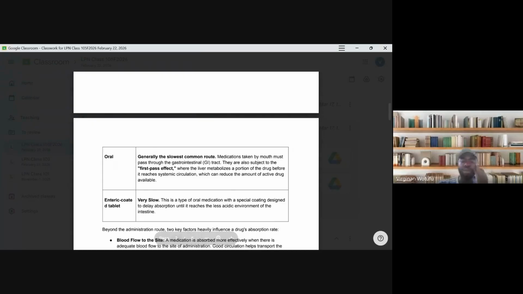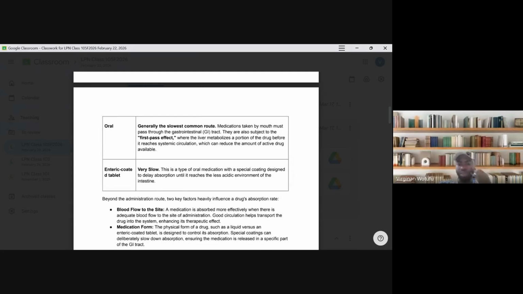So aside from the route of administration, there are two factors that influence the rate of drug absorption. One of them is blood flow to the site. We know highly vascularized sites enhance drug absorption, right? Like sublingual tablets, they're easily absorbed because beneath your tongue is highly vascularized.